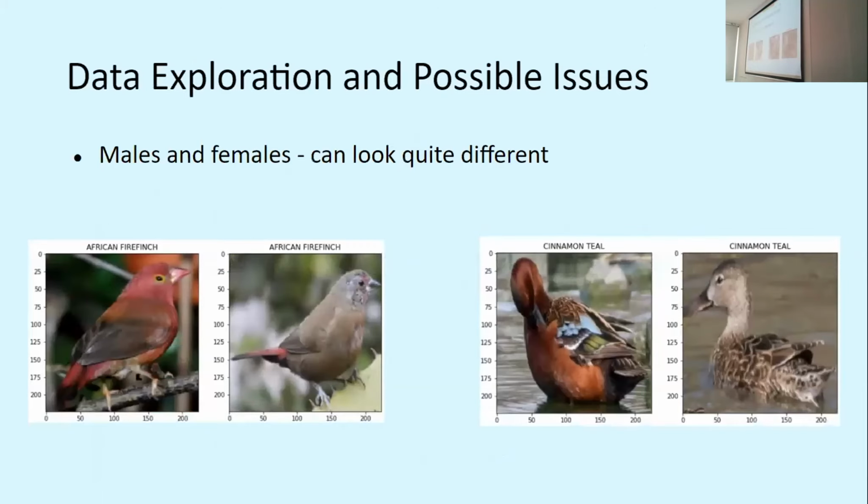Another problem is that for some bird species, male and female don't look the same. You can see here the African firefinch, American firefinch and cinnamon teal. They look quite different, and it could be a problem.